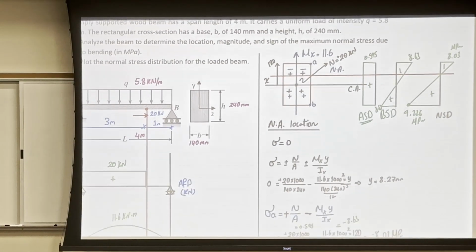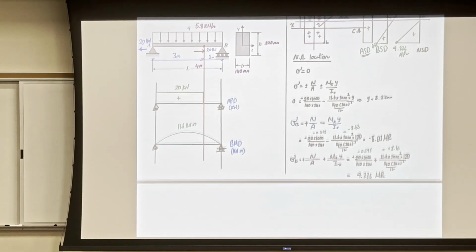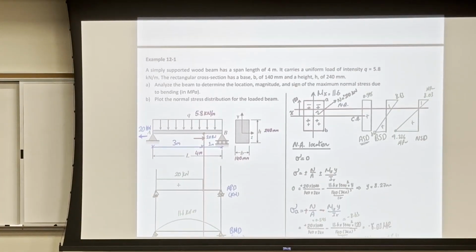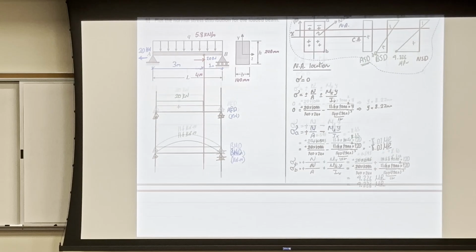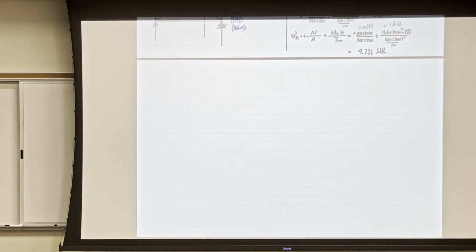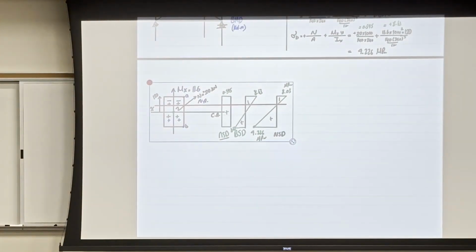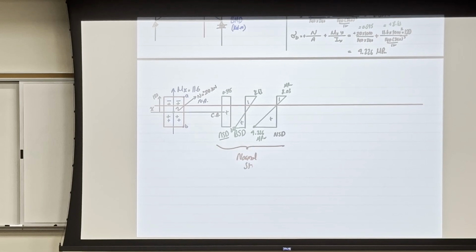Finally, what I want to do, I want to calculate the strain. So let me take this guy. Okay, and I'm going to extend the neutral axis line. So this part is due to normal stress.